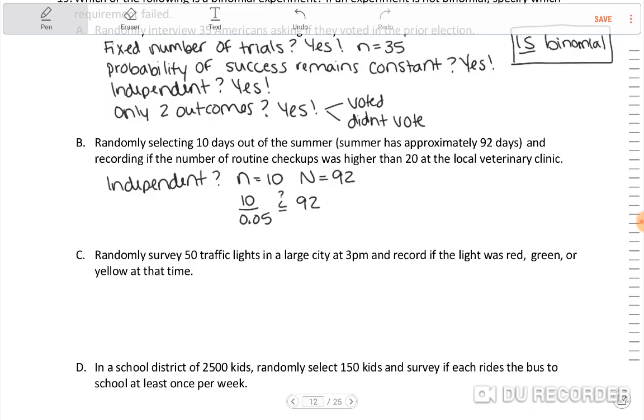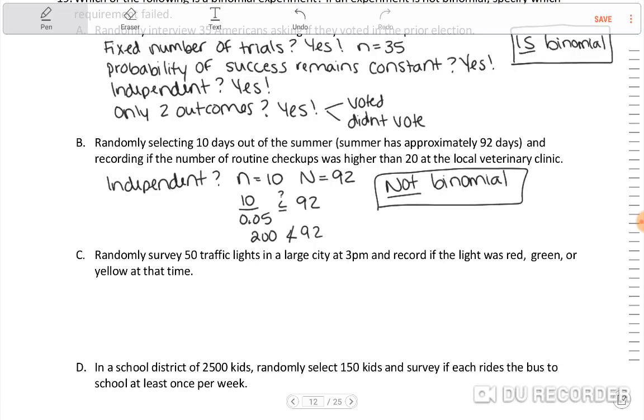What is 10 divided by 0.05? That's 200. So 200 is not less than 92. So not binomial, because it's not independent. So that one fails there.